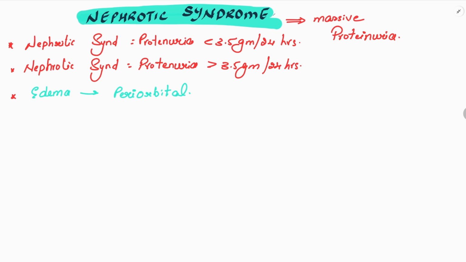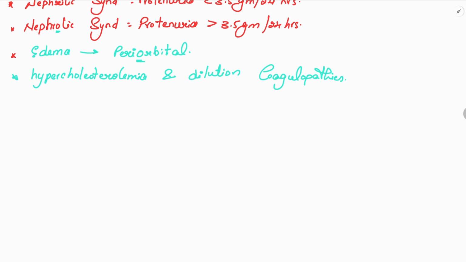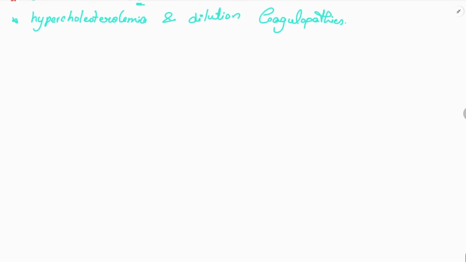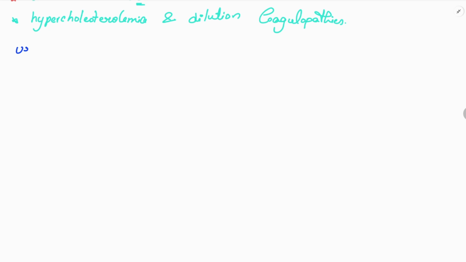So to remember this, in nephrotic you have an O here, and in periorbital you will have O. Okay, so periorbital edema is most common, and patients also have hypercholesterolemia and also dilutional coagulopathies. So these are the clinical features, and urine examination also shows peculiar points.